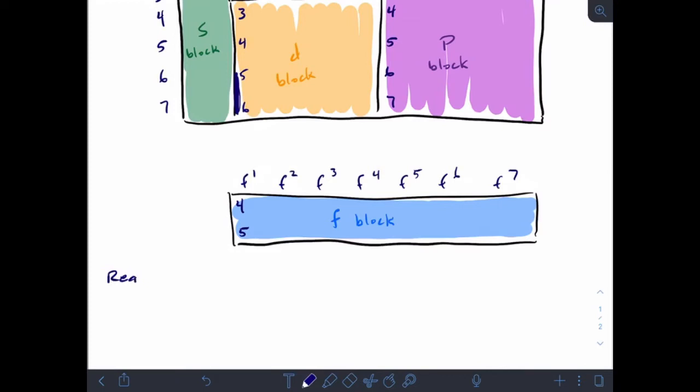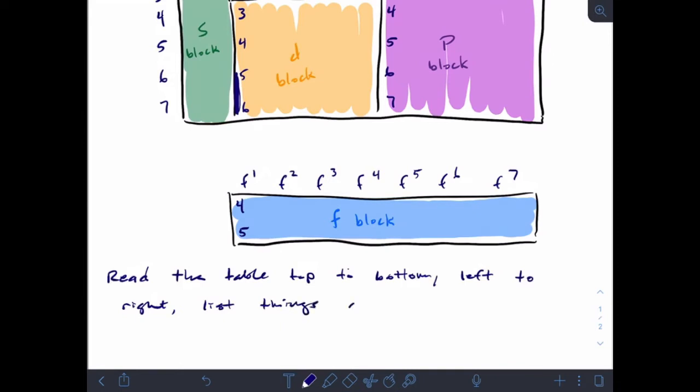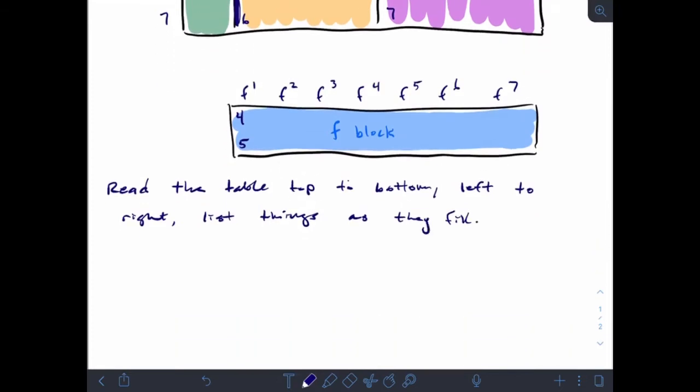We're going to read the table top to bottom, left to right, just like we were reading a novel or a textbook, and list things as they fill. Boy, I can't spell this morning.